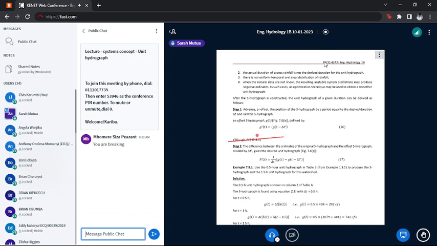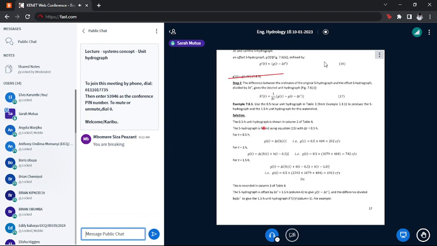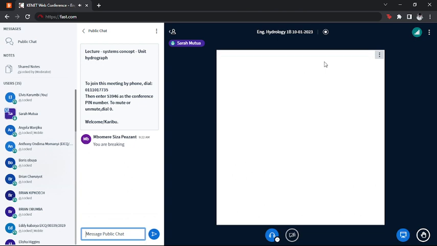For example, we have one example, and actually this is usually not complicated. Most of the time what is complicated is the derivation of the unit hydrographs. The lagging of it is not an issue.